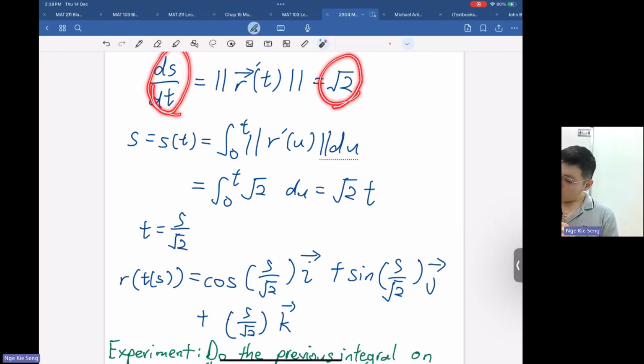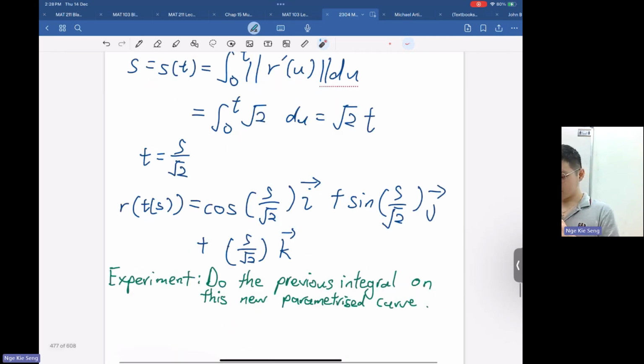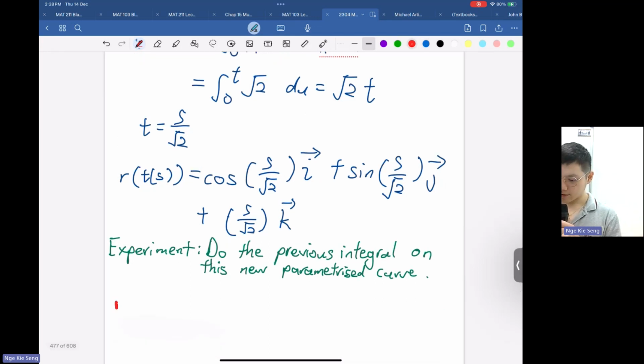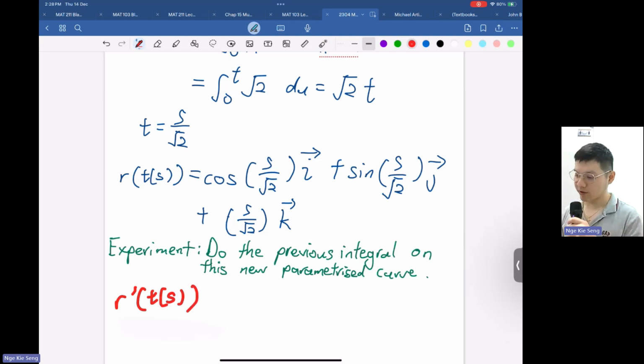So we normalize the length of the tangent vector. Do you believe or not? Maybe you don't believe. Let me compute for you. After I do this change, let me compute the new r prime, r prime of x. What do I get?